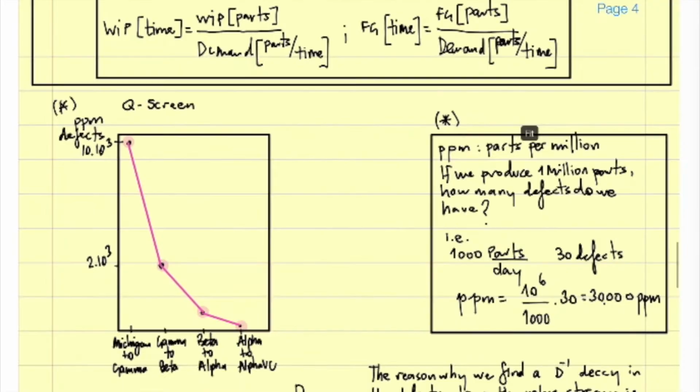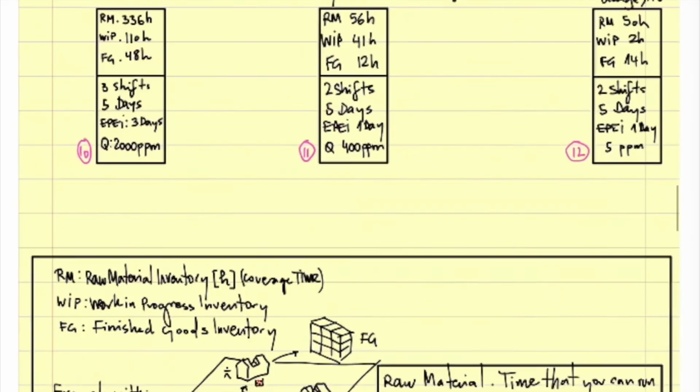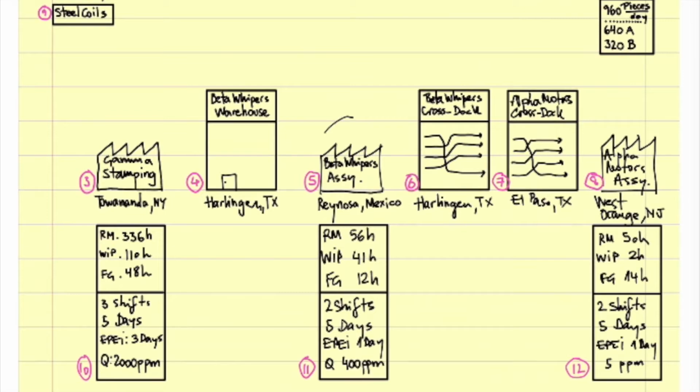So the people from, let's say, beta wipers are telling the people downstream whenever they find a mistake.